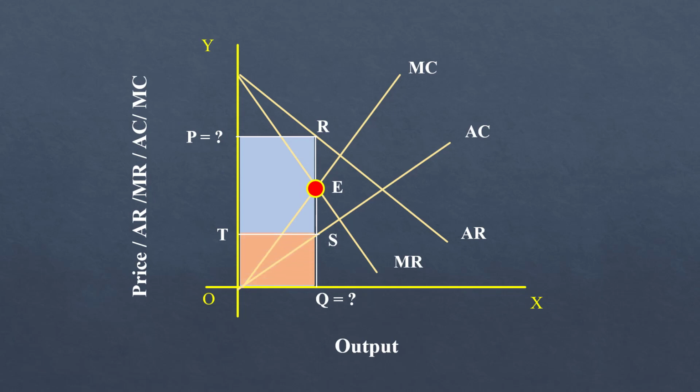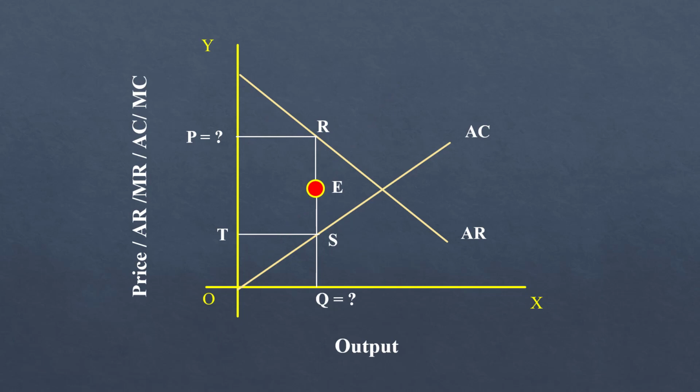Area OTSQ is total cost. Profit is OPRQ minus OTSQ equal to TPRS. Have a clear idea like this. We shall move to the calculation.